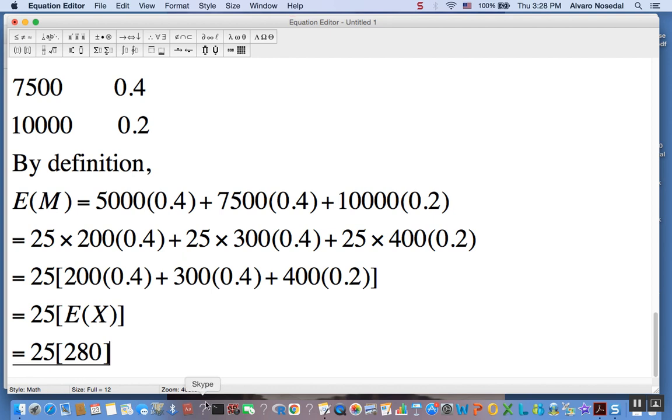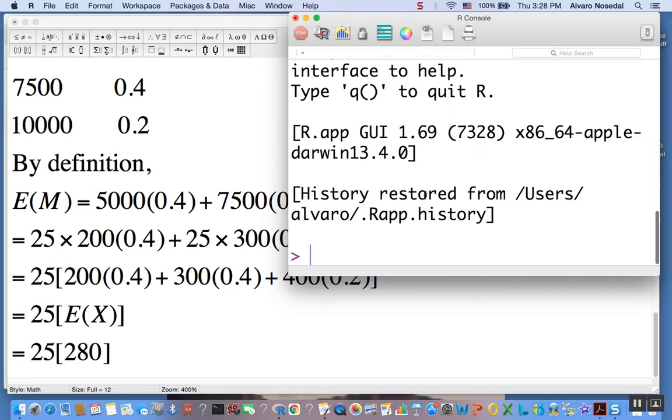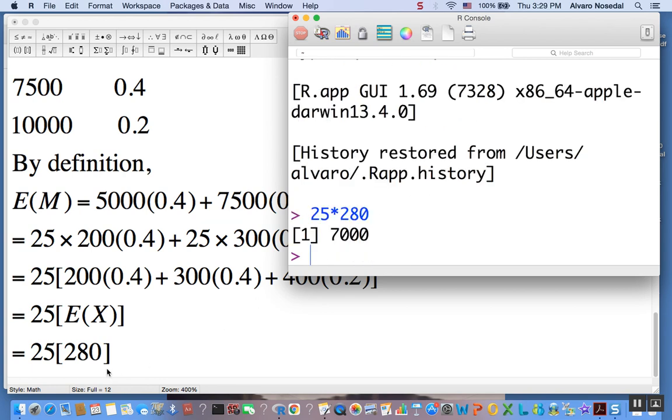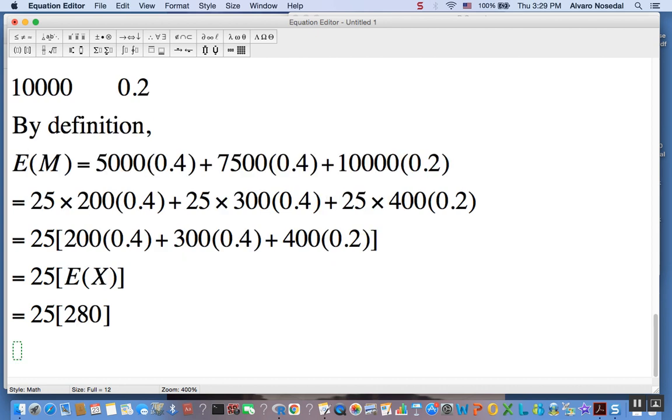And then, well, we can find that easily. So 25 times 280, there we are. Make sense? Got it? Okay.